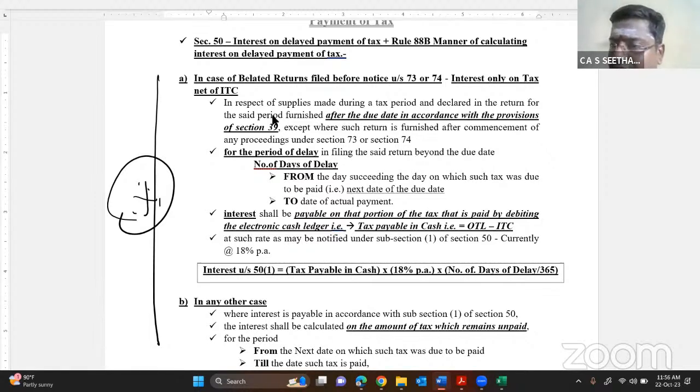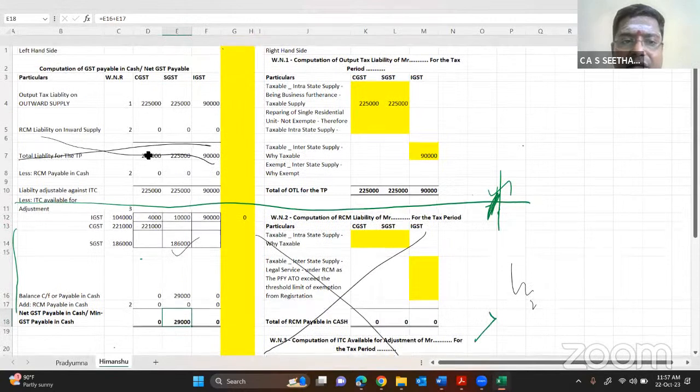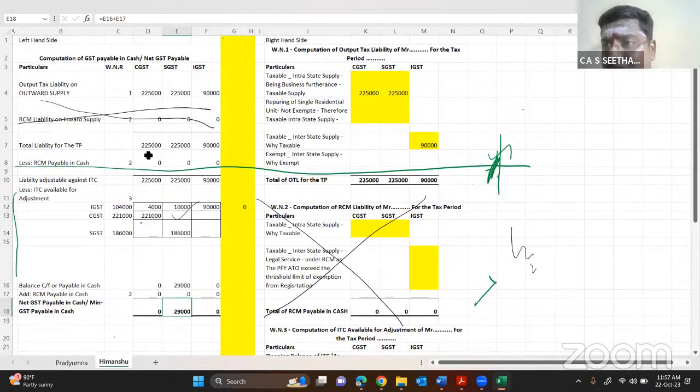Sir, since we pay RCM in cash, can we directly add it in the balance payable in cash instead of adding and subtracting in two different stages? Okay, my dear Sudesh, the whole objective is to make you aware that you are totally liable for a liability. This is the manner in which GSTR 3B itself is working.